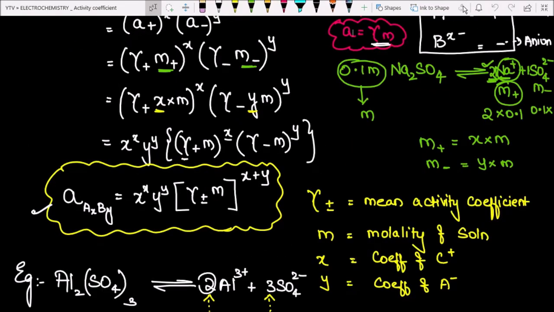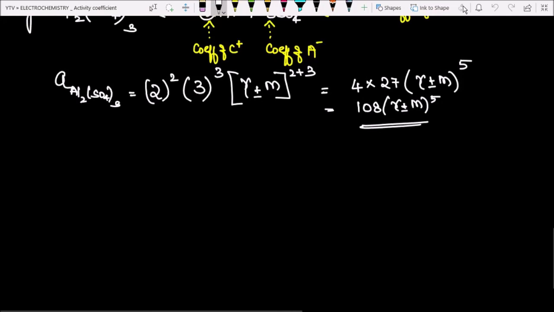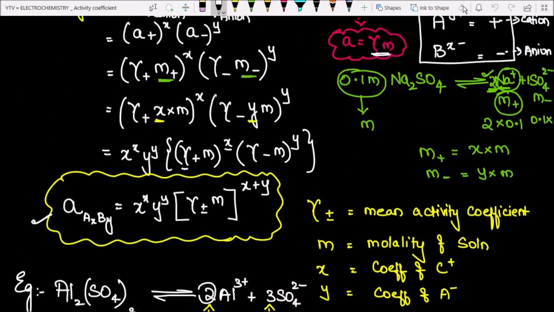There is one more formula that can be derived from the same equation, which is also used a lot of times. Here we have gamma plus minus. Just see this term, gamma plus minus power x plus y. What is it? Gamma plus power x into gamma minus power y.